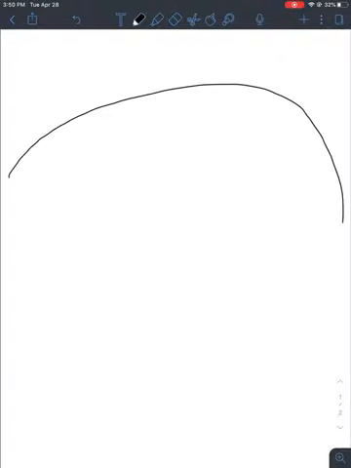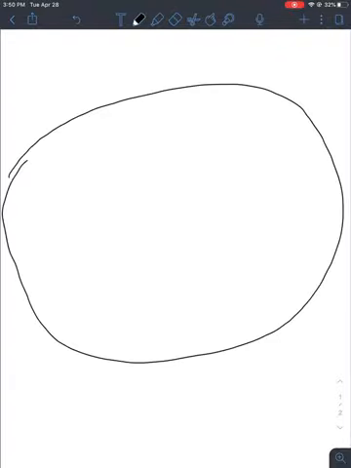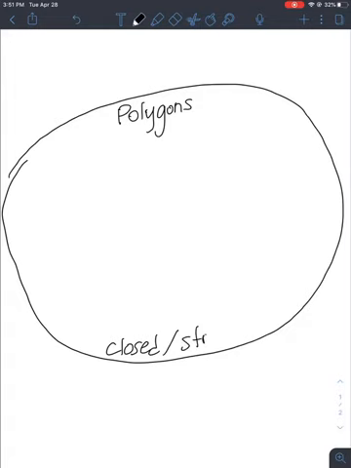So, within this circle are polygons, which are closed shapes, but also with straight sides.